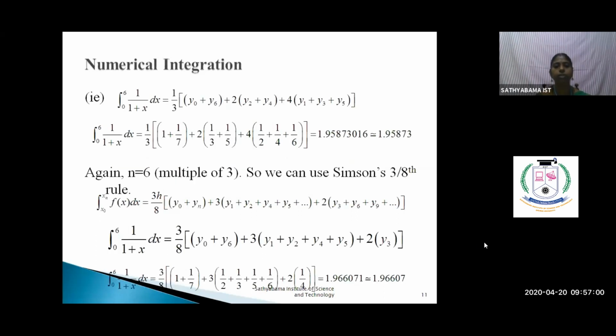This is my Simpson's 1/3 rule. So that rule is applied, and according to our problem, what is my yn? yn is equal to y6. And you take the even suffix entries y2 plus y4, and the odd suffixes are y1, y3, y5. And you may ask the question, y6 is also an even entry, then why are we not taking it in the place of 2 times y2 plus y4 plus y6?